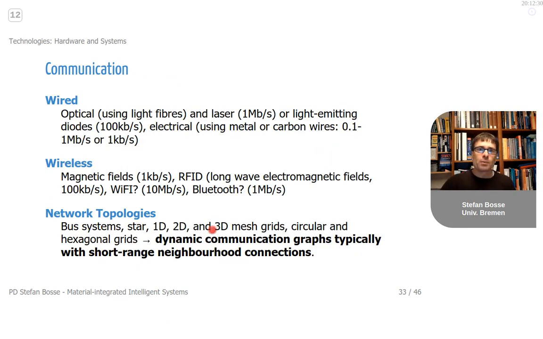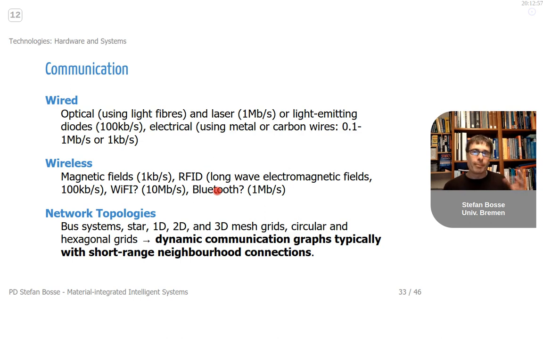Communication, in contrast to large area distributed sensor networks: here we have wired technologies, often optical using light fibers, or electrical using metal or carbon fibers or carbon wires. In CFK structures, for example, it's possible. And wireless, of course, is used, basically magnetic fields or RFID.